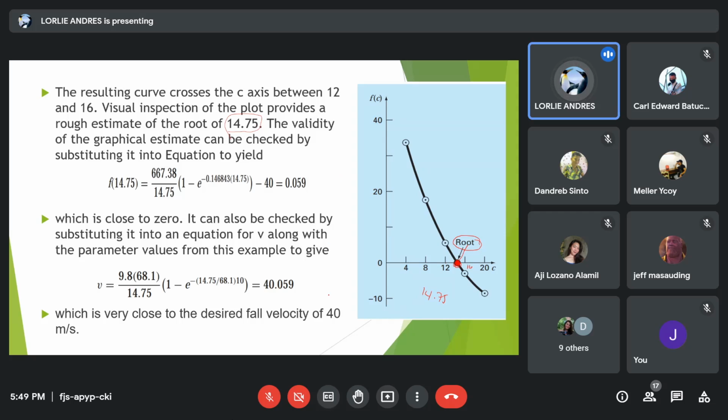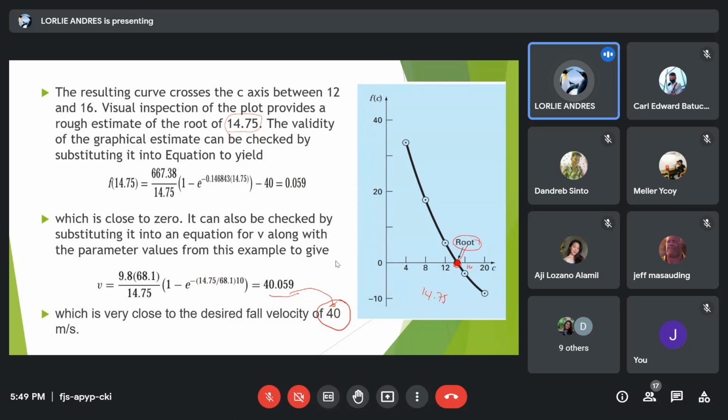And then we know that our problem gave a velocity which is 40. So the 40.059 is close to your 40. So meaning we can use this 14.75 as our approximate, not the root value itself, but the approximate root value of this equation.